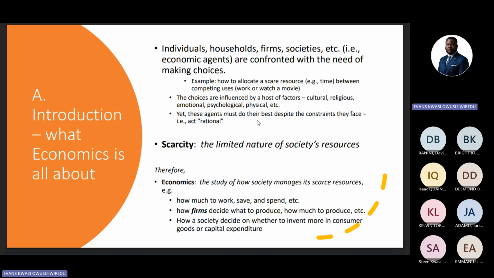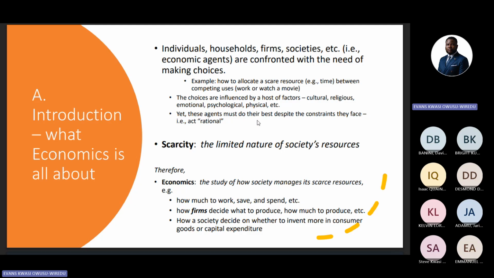And so, if you have 1 hour of free time, we are looking at another example, right? If we have 1 hour of free time, you have to choose. Do you spend it working an extra shift to earn money, or do you watch a football match with that 1 hour?